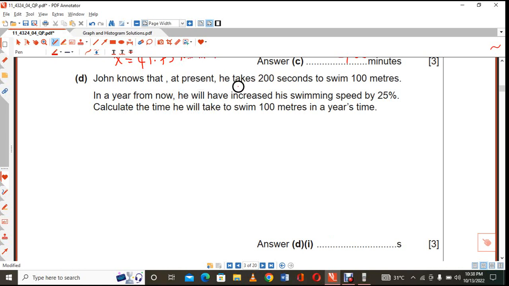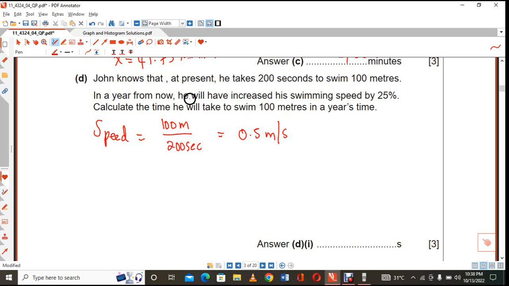We have the time and the distance. So to calculate the speed, we divide the distance of 100 meters by the time of 200 seconds. So this is 0.5 meters per second. This is his speed presently.